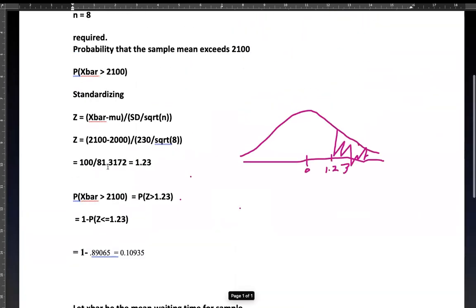So you have all of that available here. What's the probability we are looking for? What's the required probability? Let's go back to the question.